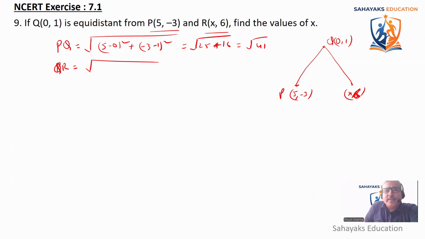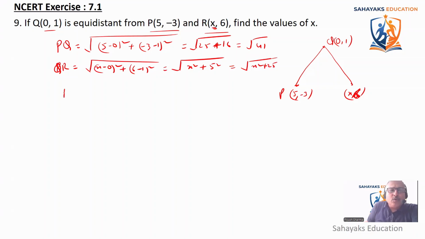QR is X. So we have to take X minus 0 whole square plus 6 minus 1 whole square. That comes out to be square root of X square plus 5 square, which is X square plus 25. Okay. Now we know PQ is equal to QR. So we'll equate it.